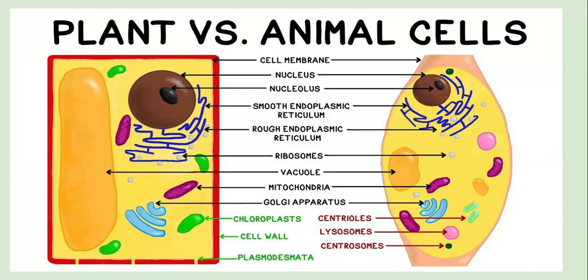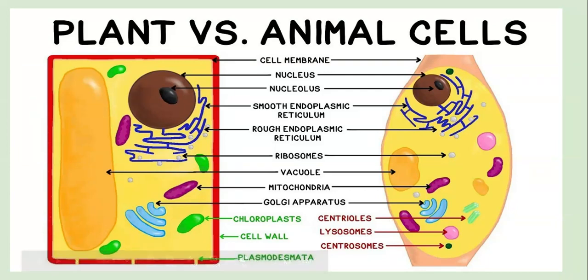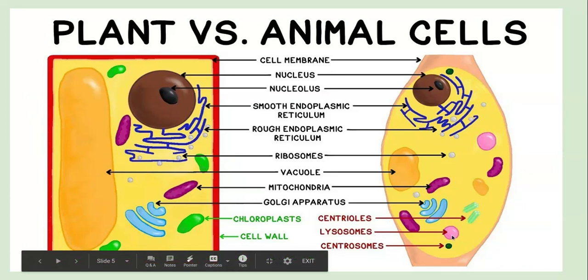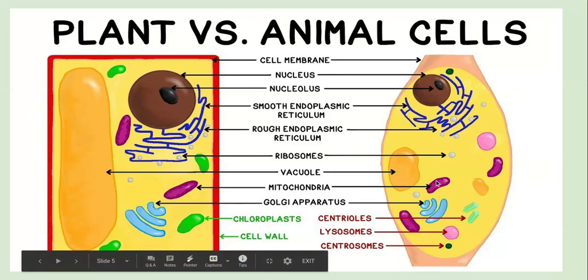Coming to the animal cells, here you have the centrioles, which are important at the time of cell division, and lysosomes, which are called the suicidal bags of the cell. Now, why this interesting term? Lysosomes, or the suicidal bags, will release enzymes and cause the breaking up of the entire cell. That's why it is called lysosome. When does this happen?